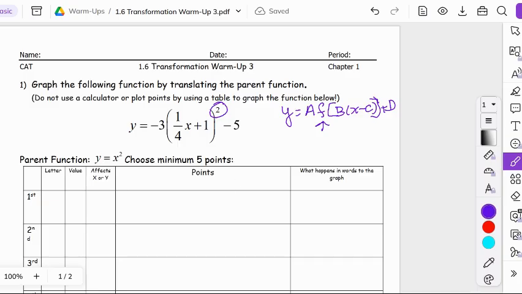Well, what you're going to do is go to the parent function where there's nothing been added, multiplied, or anything. So it's just the x squared, because this is a quadratic. That's what your f is, a quadratic.